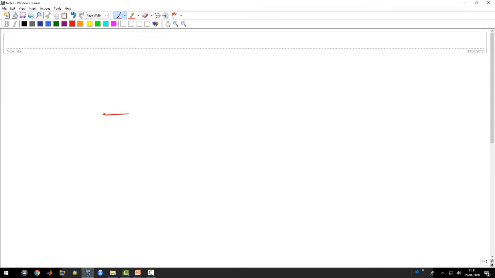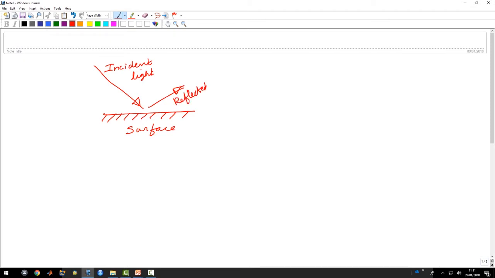In visual perception, there is a surface and there is an incident light, and the surface is reflecting the light, the reflected light, and there is a perceiver, let us say an observer, who is seeing the object.